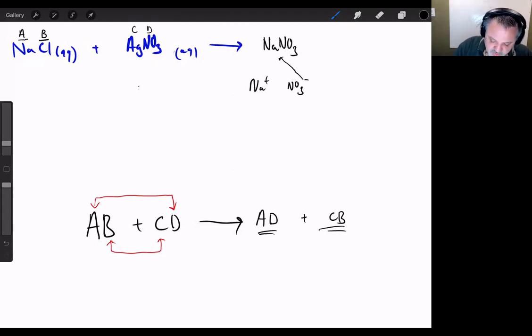If we're going to do the cross down, in this case I'm crossing up, it looks like that. Same thing with silver ion and chloride ion. It'll be AgCl.